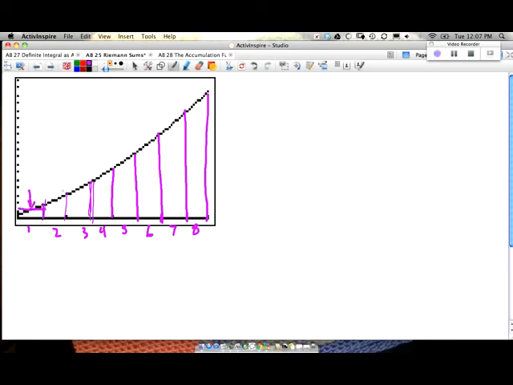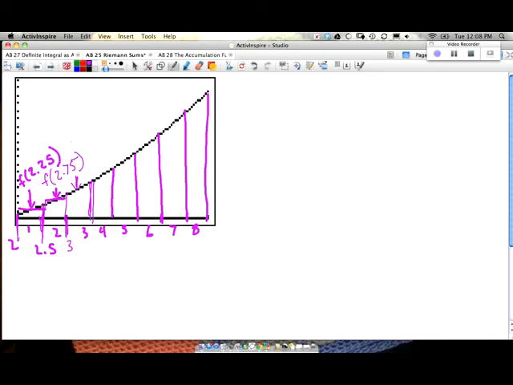And this first height right here, it's not f of 2, it's not f of 2.5, it's right in the middle between those two, which is going to be f of 2.25. Then the next one is going to be between 2.5 and 3, which is at f of 2.75.